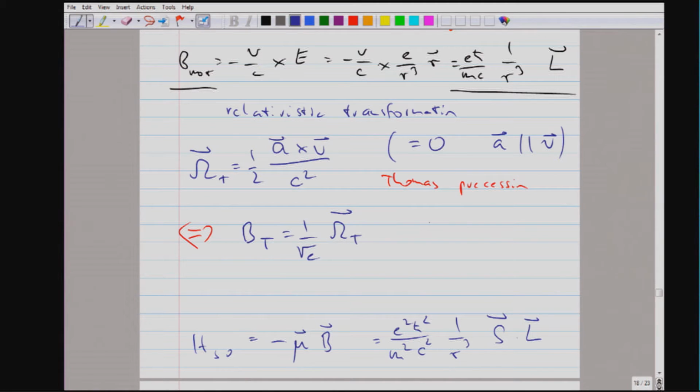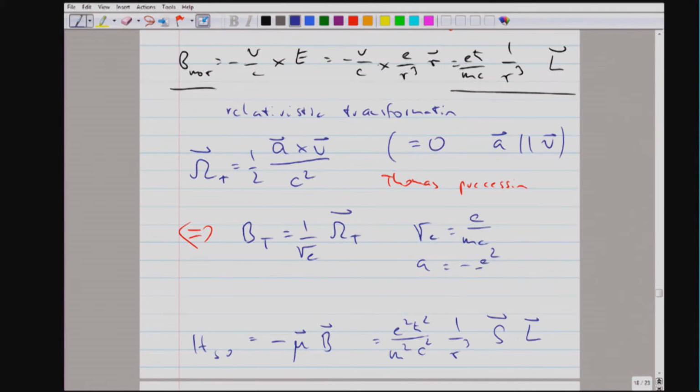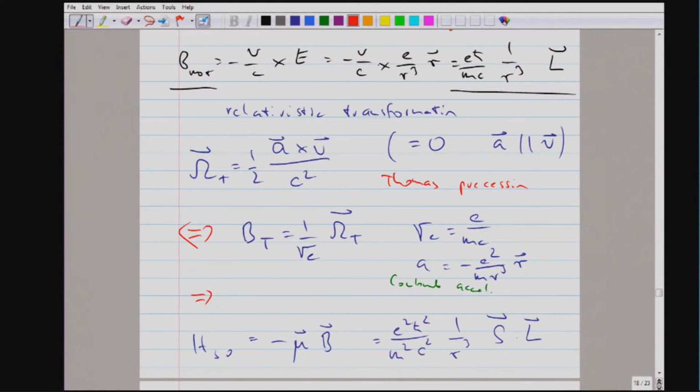And if we use the value for the electron's gyromagnetic ratio, and in addition we use the fact that the acceleration term for this relativistic kinematics is nothing else than the Coulomb acceleration, then we find that the Thomas magnetic field is just minus 1/2 the motional magnetic field we derived earlier.